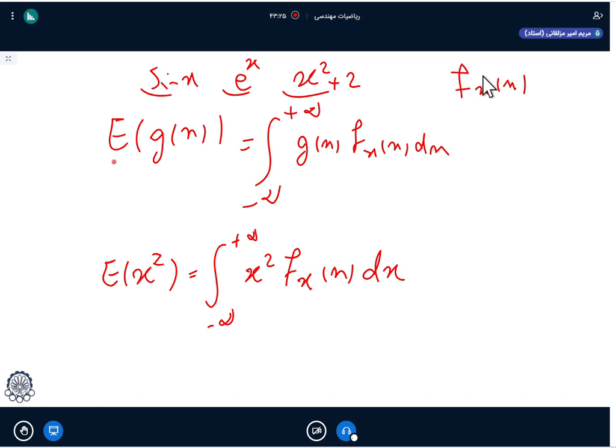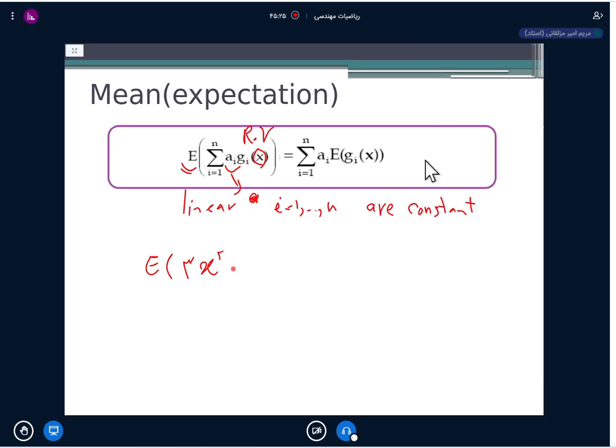Again, I repeat that if we want to compute the expectation of any function of x, it's enough to do this. If we want to compute this expectation when x is a random variable, it's equal to this.